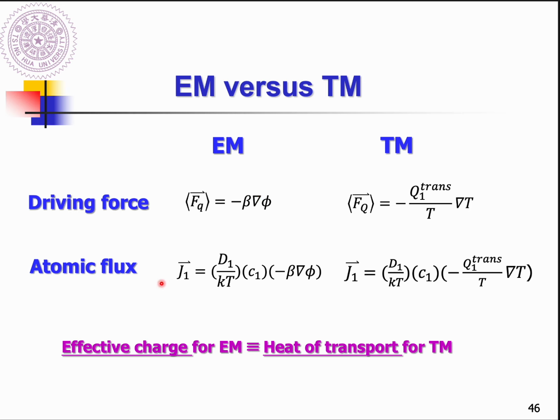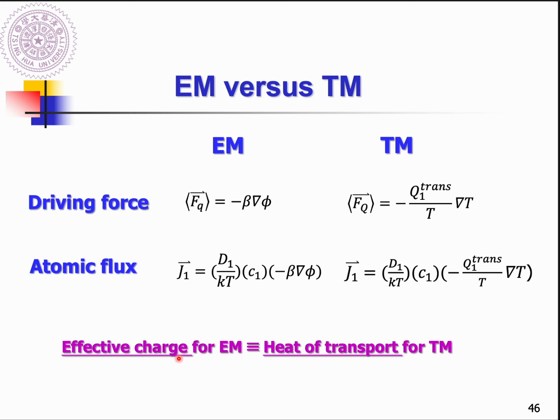Okay, then as long as you modify the driving force, you know the atomic flux also needs to be modified, and the only changed part is the driving force part. Okay, so we have some remarks here.